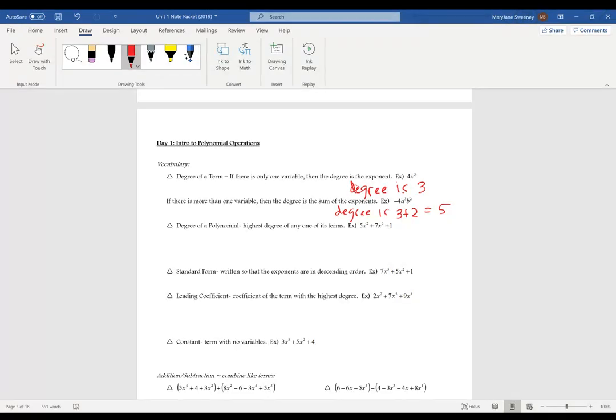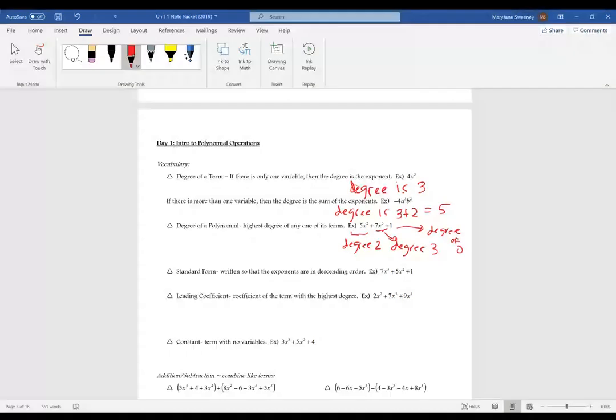If you have a polynomial, the degree is going to be the degree of the highest degree, I should say, of any one of its terms. So this is a degree 2. This is a degree 3. The 1 actually has a degree of 0.